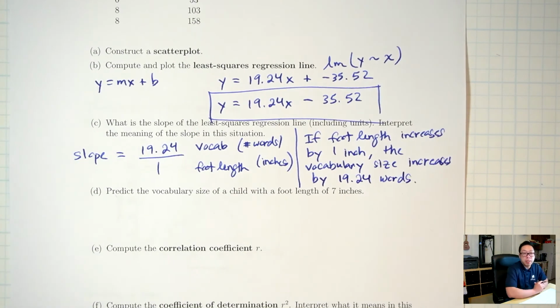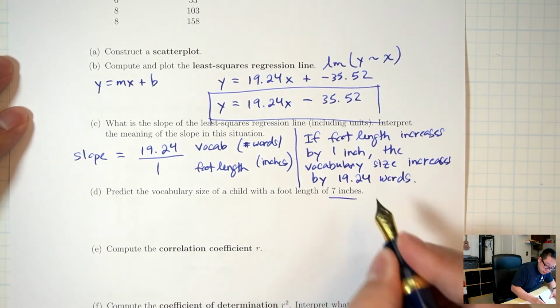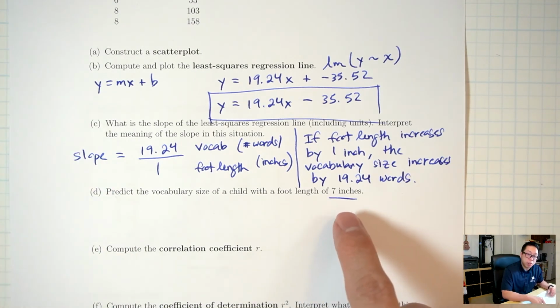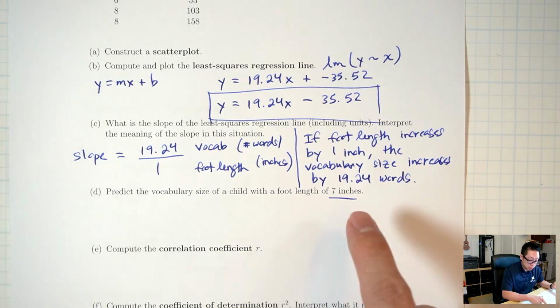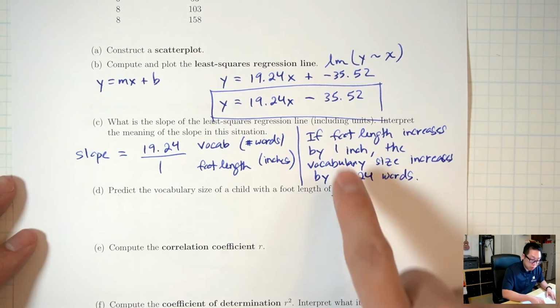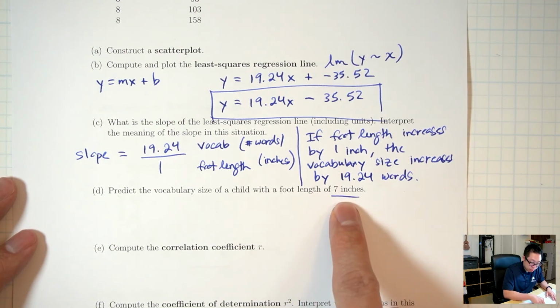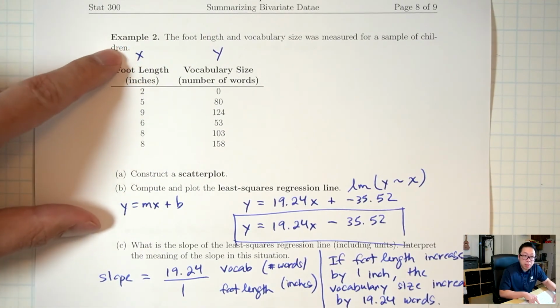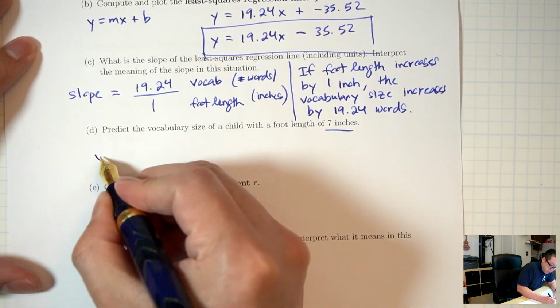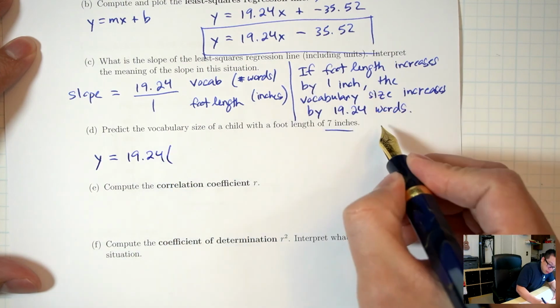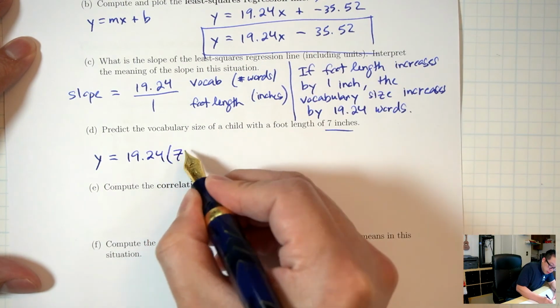Part D. Predict the vocabulary size of a child with a foot length of 7 inches. This just is asking you to take the 7 and plug it into the equation that you found in Part B. Where does it go? Does it go in for x or does it go in for y? This is a foot length. Foot length is x, so we're going to plug it in for x. 19.24, put the 7 in for x.